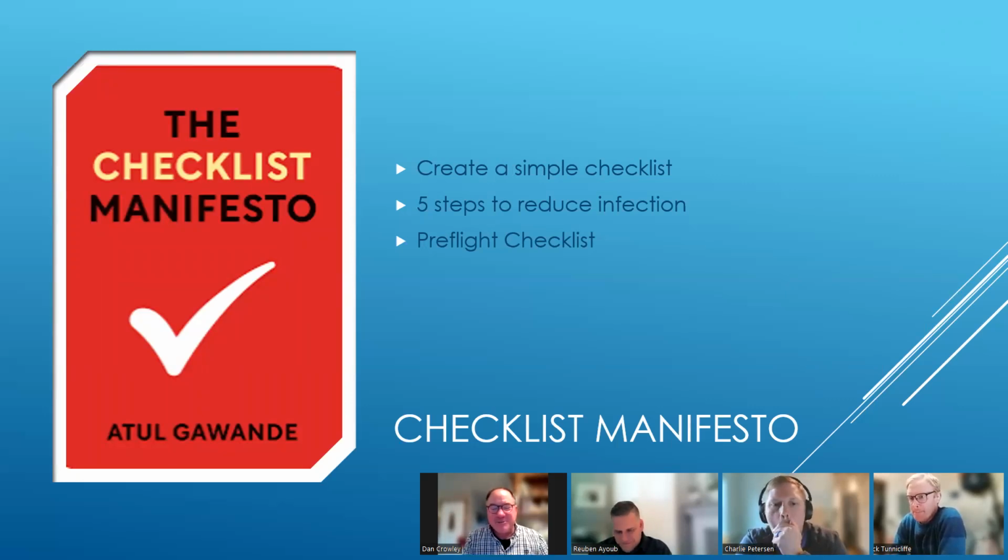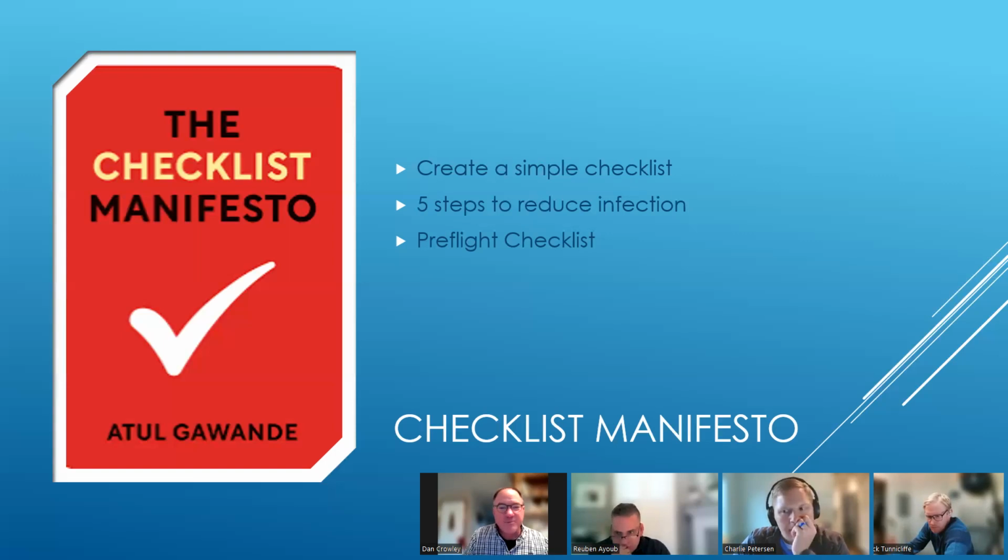The 5 steps to reduce infection in a hospital was a great example of having a checklist that's out there and used can create very different results. In the case of air travel, pre-flight checklists had a huge impact, right? So this idea of thinking about it from a checklist perspective.